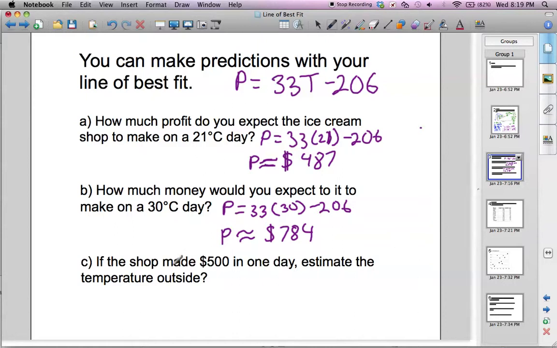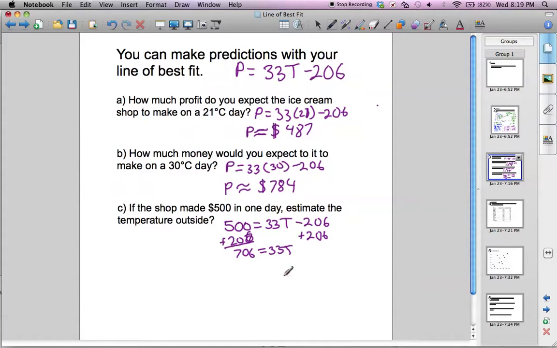Okay, lastly, if the shop makes $500 in one day, estimate the temperature outside. Well, we can substitute that into our formula. That's going to be the profit, so it's going to be 500 equals 33 times temperature minus 206. And then we'll solve that equation for T. So we're going to add 206 to both sides. We get 706 equals 33T.